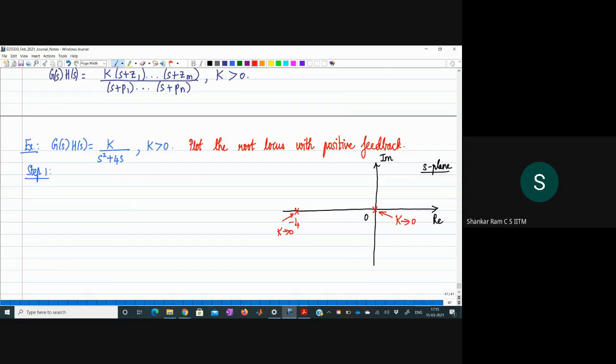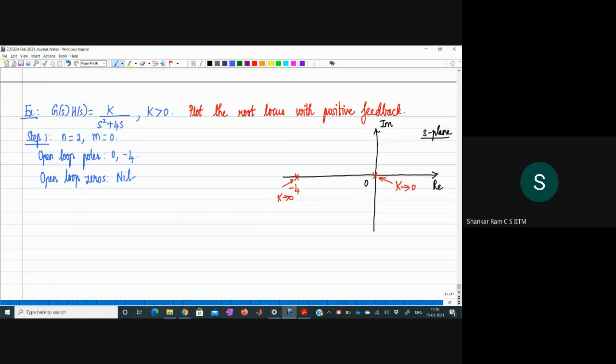To go in a very methodical way, please note that the value of n is 2, the value of m is 0, and the open loop poles are at 0 and -4. There are no open loop zeros in this particular case. Those are two important observations that we can make. So this is step 1.